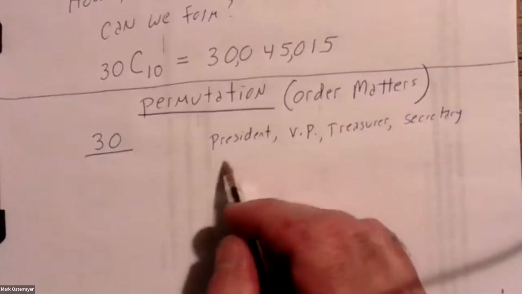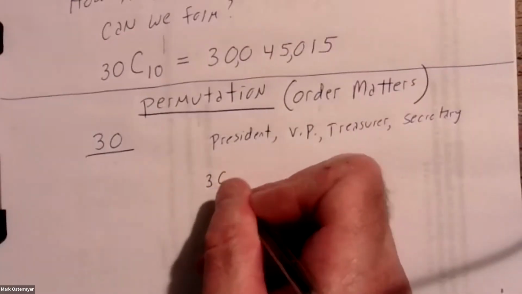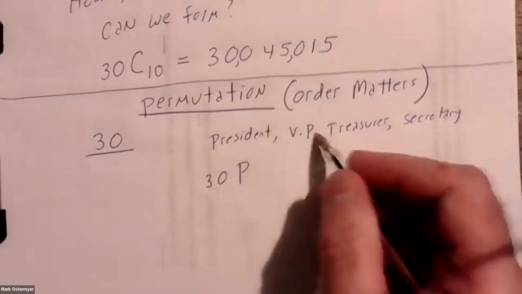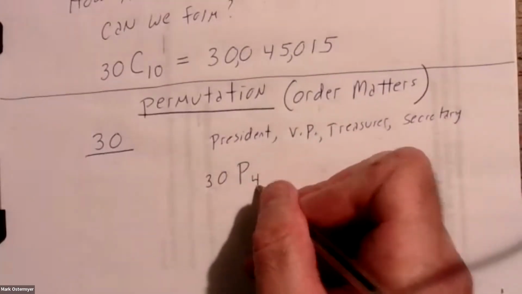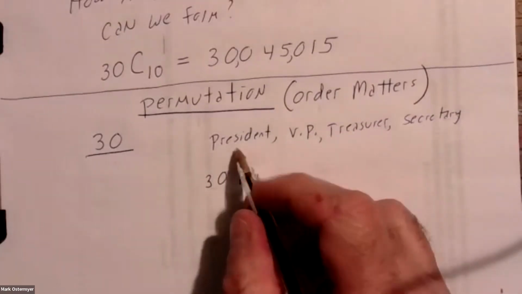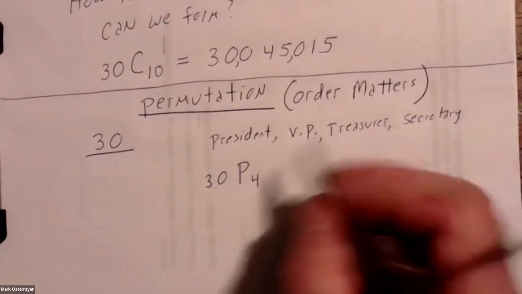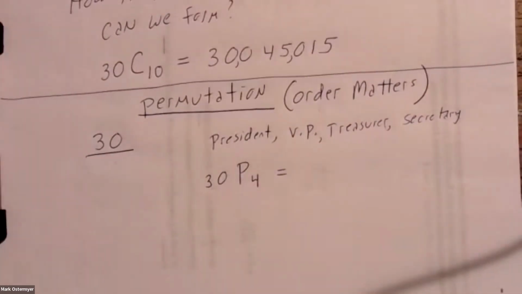It's going to be a permutation because order matters. So it's going to be 30 permuted 4 ways, 4 different offices. All right, get on your calculator, dial that up. What is 30 permuted 4 ways? Oh, this might take a while.